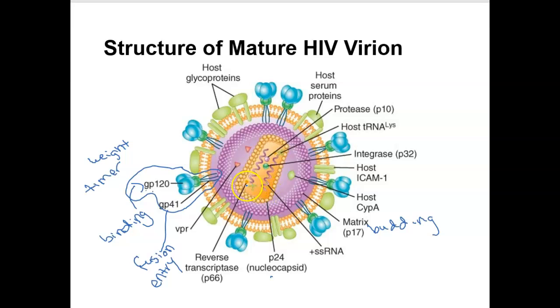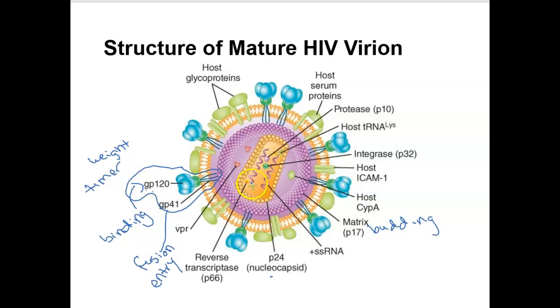And then we've got reverse transcriptase, which is really important for making DNA from the RNA genome. And we've got an integrase, which is really important for integrating the viral DNA into your genome. The protease helps cleave the pre-proteins to make mature proteins.